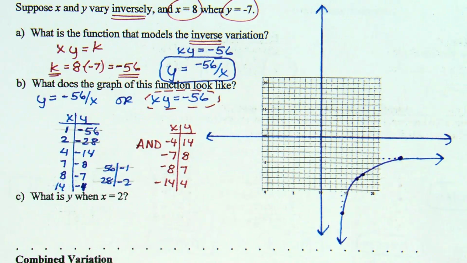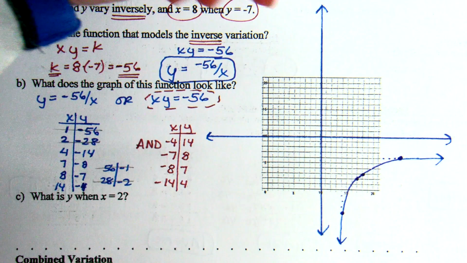Quadrant 2? Why am I in quadrants 2 and 4 this time instead of 1 and 3? Because it multiplied to be a negative, right? So I need to be in quadrants where I have 1 positive and 1 negative coordinate. Okay, so get your others drawn too.